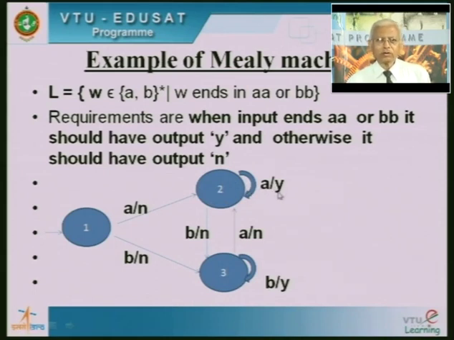It will always output y. If you input B, it is not ending in BB, only a single B has come, therefore n will come. Now, if you have one more B, then it is BB. Any number of B's will go on outputting y, because that is as good as ending in BB. If initially you have a single B, it will output n. I want to represent that diagrammatically like this.